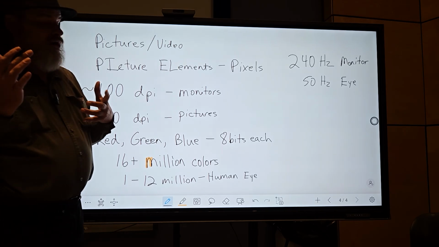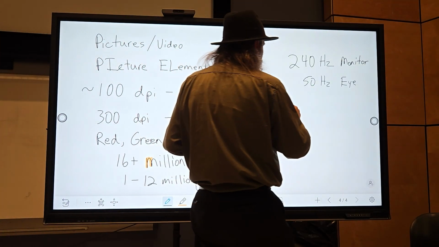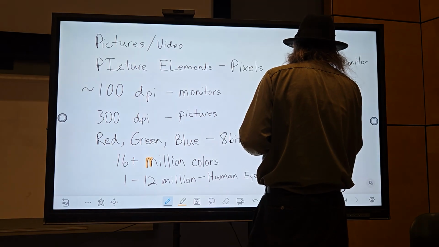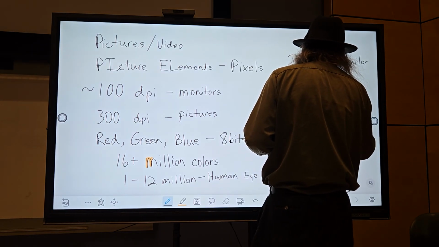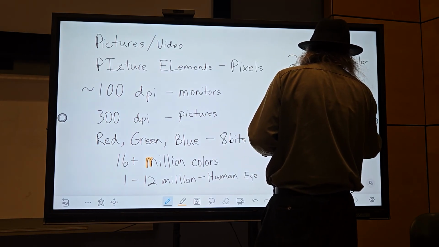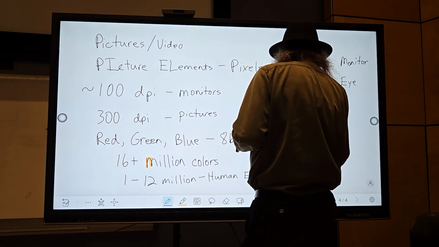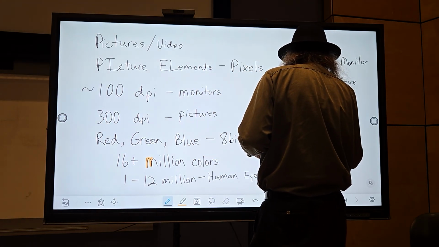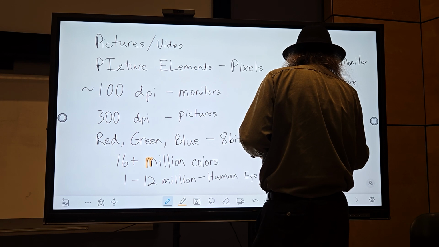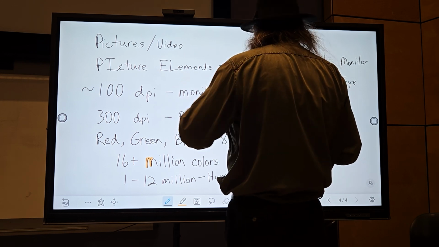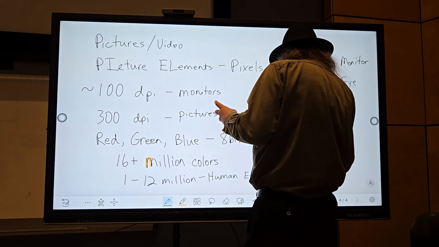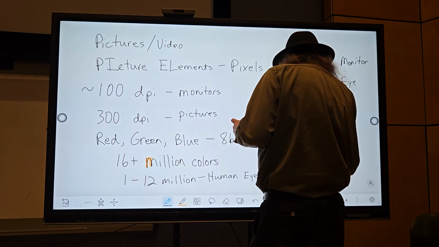Television in America is 29.97 hertz. Europe is 25. And movie theater movies are 24.